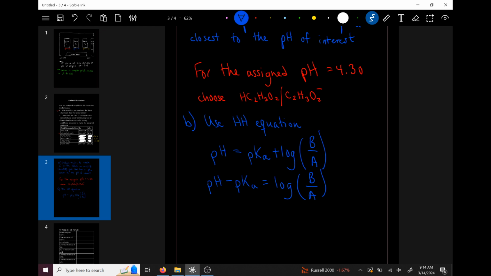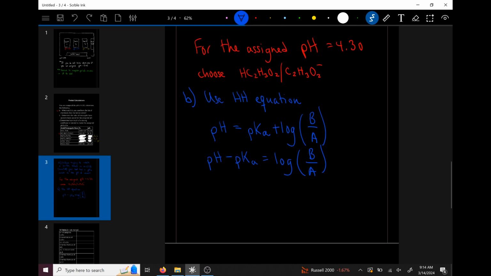Now I want to get rid of the log. Remember that if you look at your calculator, the opposite of natural log is an exponential. The opposite of a log is 10 raised to a value. So to get rid of the log, I'm going to do 10 raised to the pH minus pKa, and that will be equal to the ratio of B over A. And it's just going to be a number.